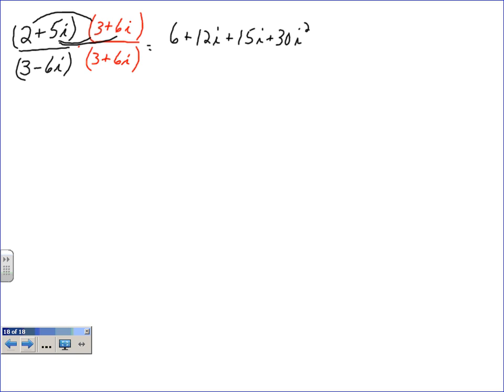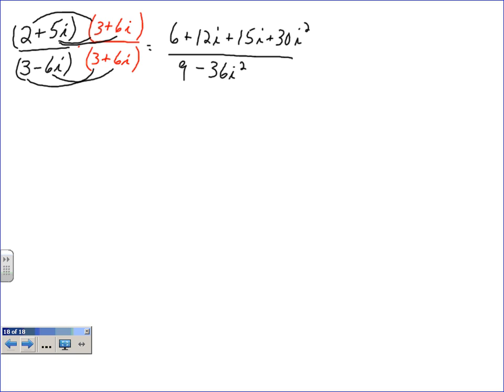In the denominator, 3 times 3 will give me 9. I know that the outside and inside terms cancel out, 18i minus 18i. And negative 6i times a positive 6i will give me a negative 36i squared.